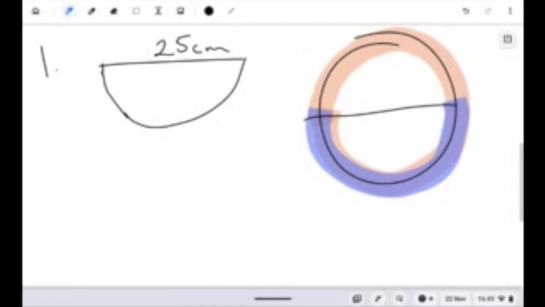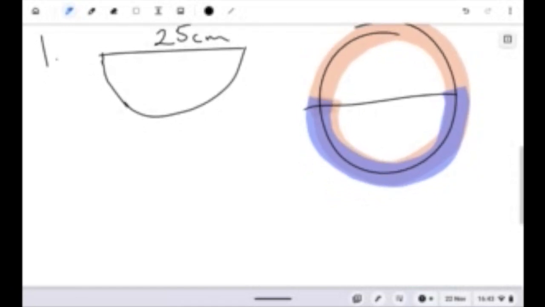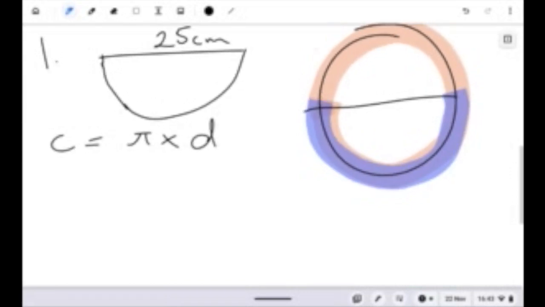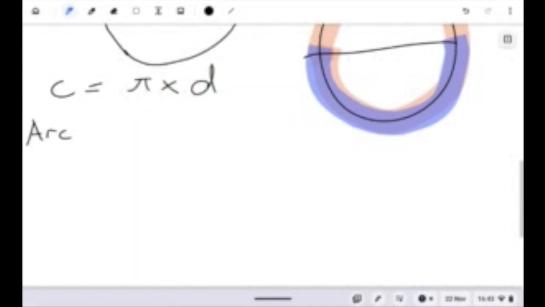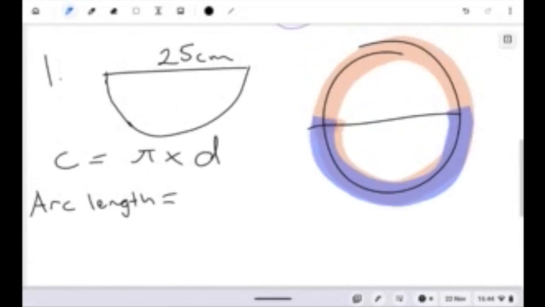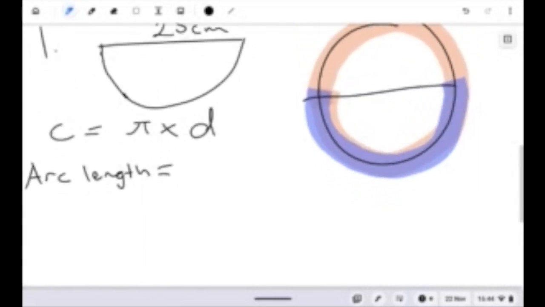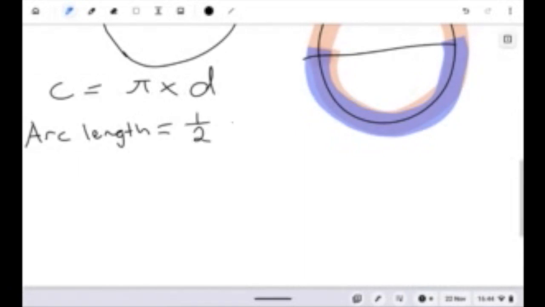So how do I find my circumference? Well, my circumference is pi times the diameter, because I'm given a diameter of 25 here. So my arc length here is going to be just half of my circumference, which is half times my circumference, or I can write that as pi times d. So half times pi times the diameter.